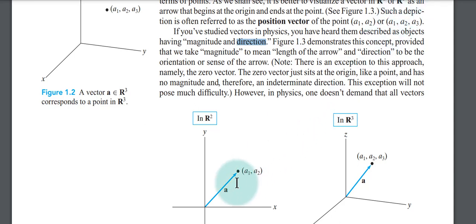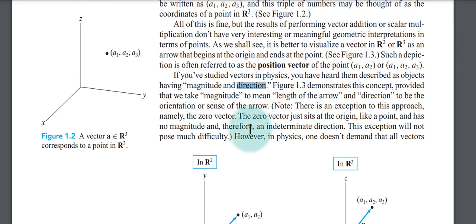So we label this arrow as A, and we label this arrow as A. And then there's one kind of anomaly there, and that is, what about the 0 vector? Does it ever really have magnitude and direction? Well, we might say it has a magnitude of 0, but it doesn't have any direction. So that's a kind of exception, but it doesn't really pose much of a difficulty.